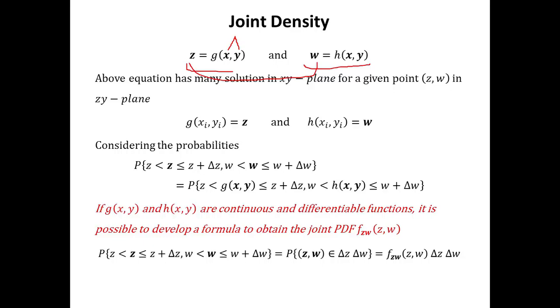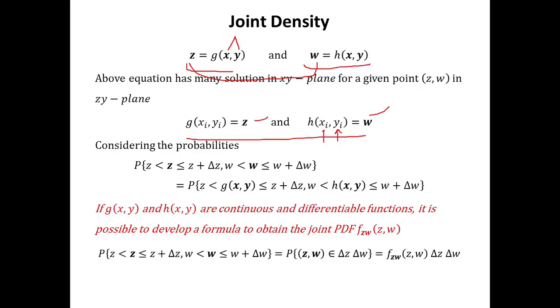Let us say those solutions are represented as x_i and y_i. So we will get z as g(x_i,y_i) and w equals h(x_i,y_i). So for a particular z and particular w, it gives many solutions in terms of x and y, where those solutions are indexed by the variable i.